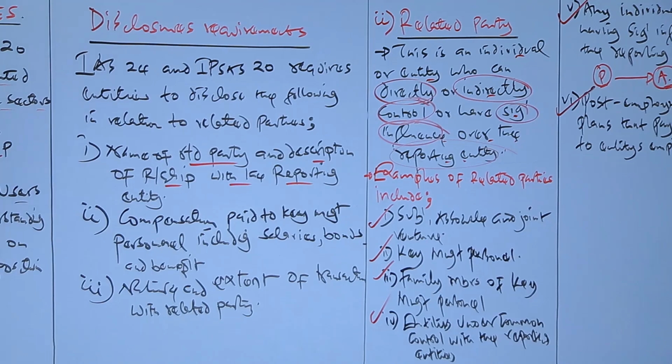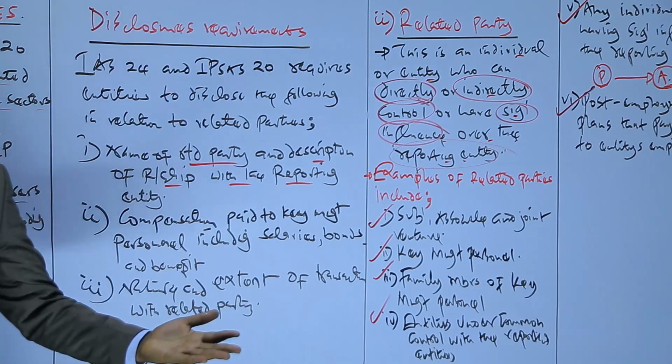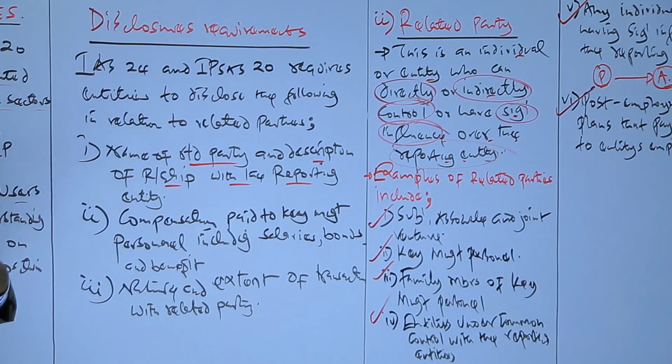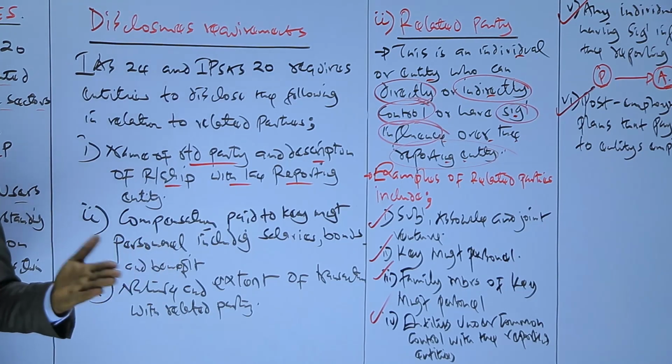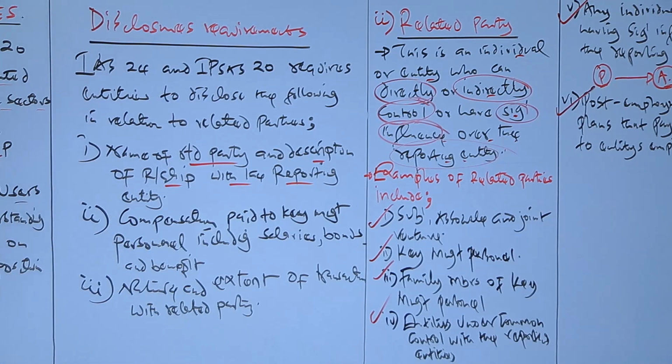Good examples include sales, purchases, and services rendered. For example, was there sales between the parent company and the subsidiary, or between the parent company and an associate? Were there services rendered to the company by its directors, and were the directors paid some amount of money? So the nature of the transaction and its extent also need to be disclosed.